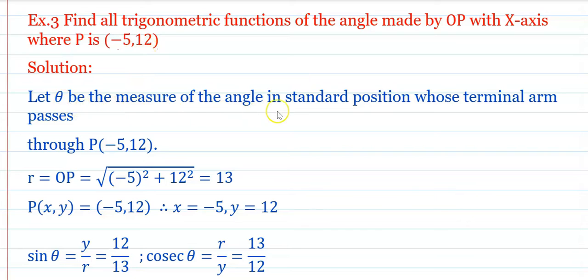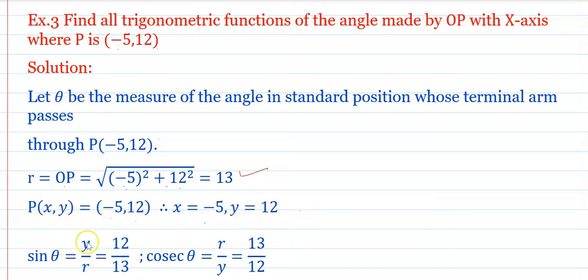Let theta be the measure of the angle in the standard position whose terminal arm passes through the point minus 5 and 12. R is equal to OP, that is root of minus 5 square plus 12 square. 25 will come and this 144 will come. If we total both, that is 169. Its square root is 13. P x y is minus 5, 12. X is minus 5, y is 12.